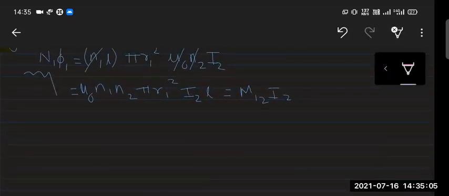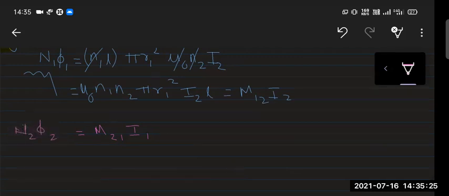Because current is passing through the inner coil, you will say it is M21 and current is passing I1. So you will get N2 into phi 2.